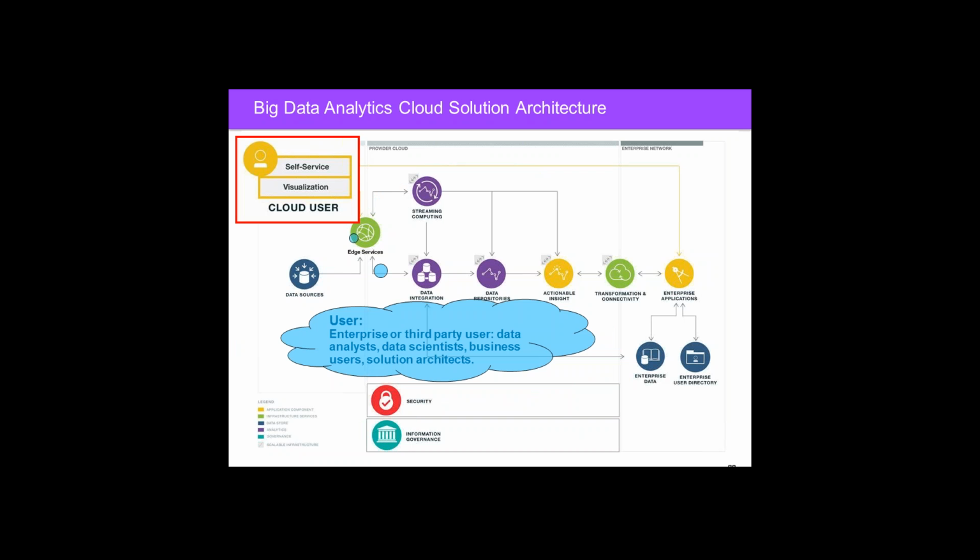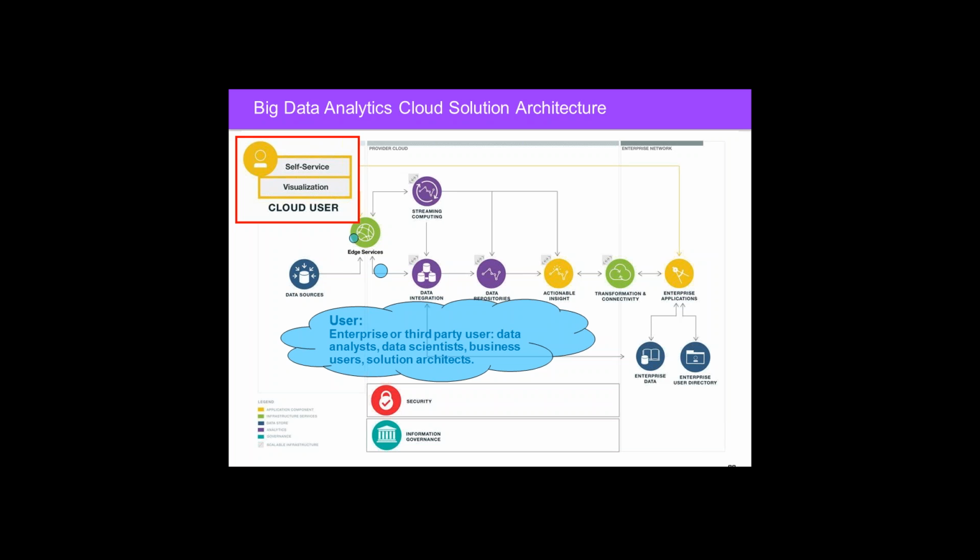The cloud user will typically remain, well, can be depicted either in the enterprise network or in the public domain. The cloud user will typically have self-service capabilities made possible due to the delivery model of the cloud. So typically all of these capabilities will be made available via a self-service portal.